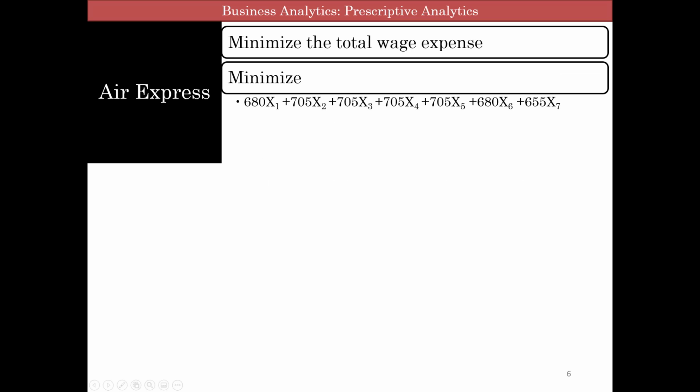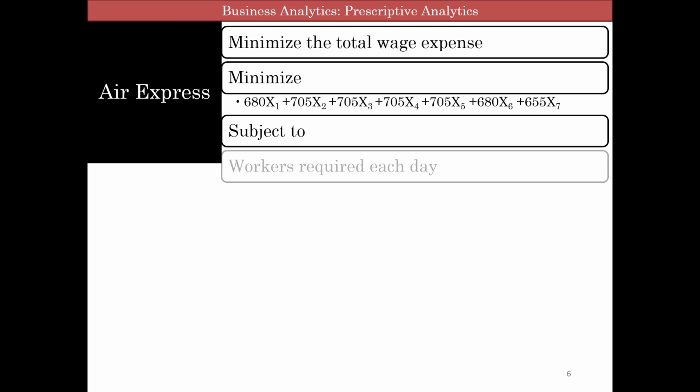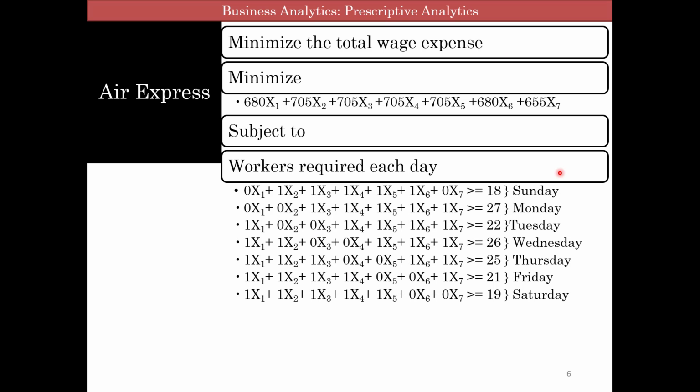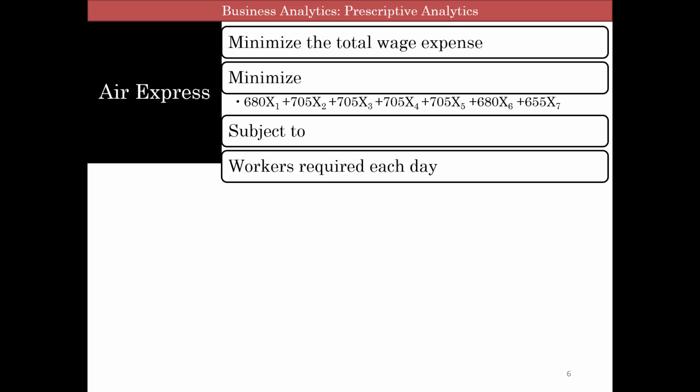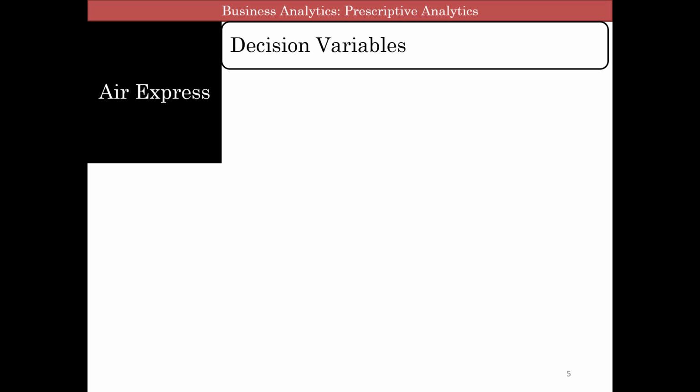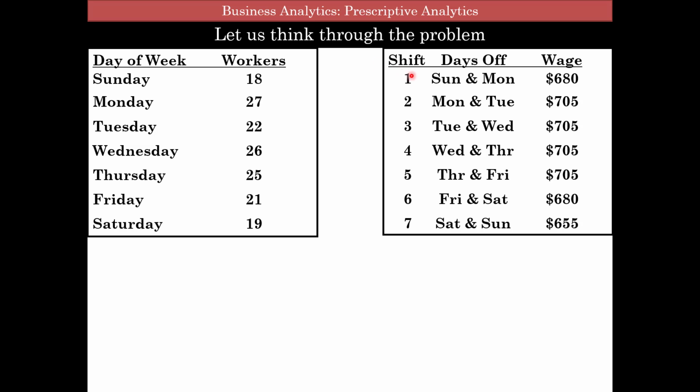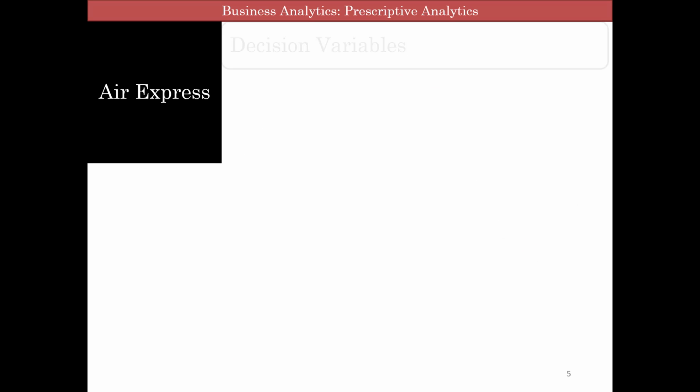So now you can minimize the cost for each shift, right? If you're in first shift, so many workers, $680 per worker. Now you're going to be subject to workers required each day. If you look at Sunday, shift 1 and shift 7 don't work on Sunday.